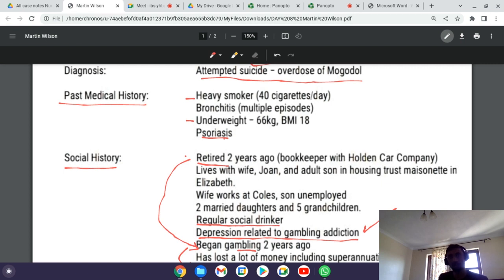The next one, for the social worker, you write the less priority social information, like the patient lives with family, the son is unemployed and the wife works at a course. You can mention that if you want, and otherwise heavy smoker, underweight, all that information.